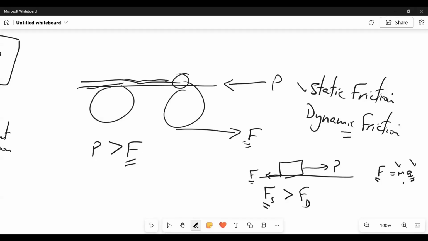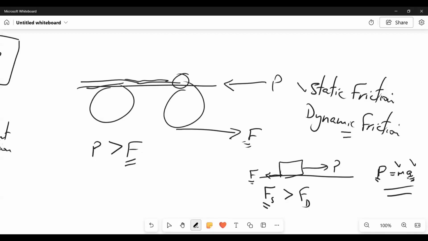F equal ma, we'll come to this a little later, right? So the force you have to exert depends on two things: what acceleration you want to create, and secondly, what mass you have to push, right? You see? So if I'm going to use P for this F, before you confuse it with friction, P, right?